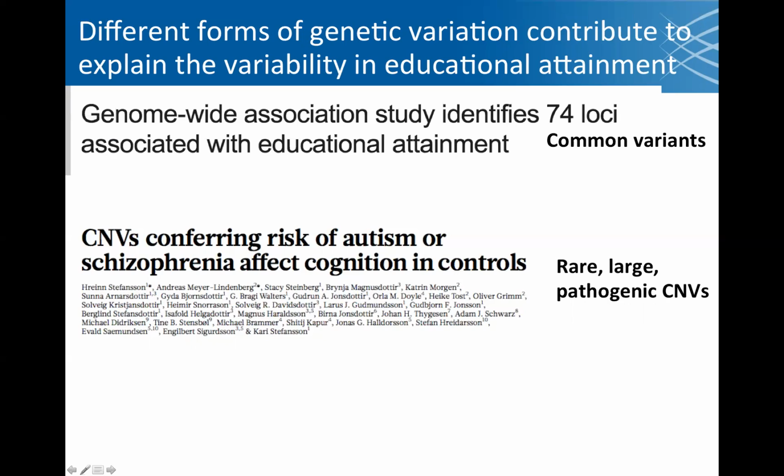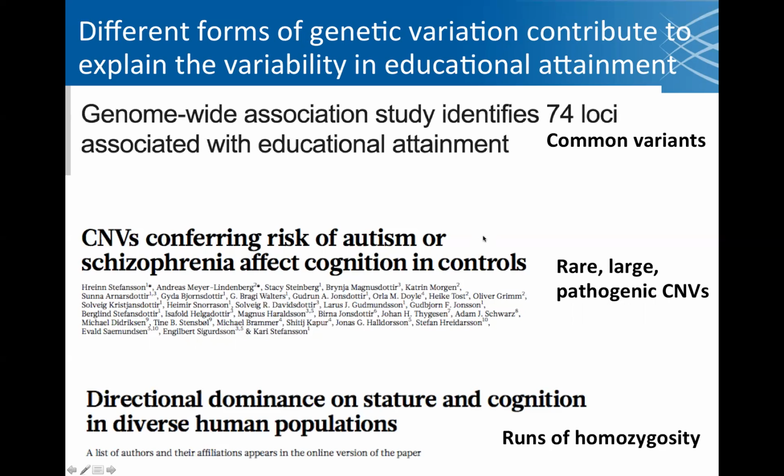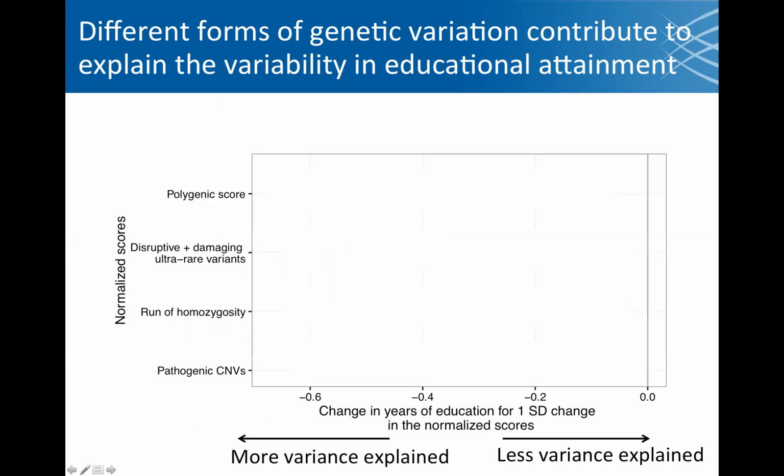These are really large, rare pathogenic CNVs, which are also associated with autism and schizophrenia. And finally, we also looked at runs of homozygosity, because this specific class of variation has been associated with educational attainment as well.